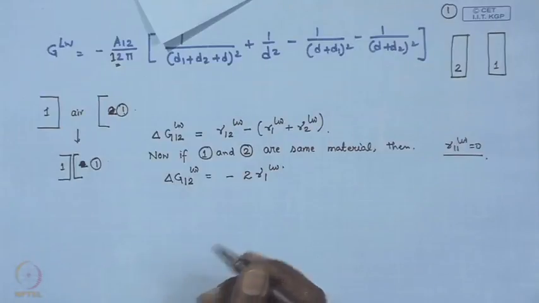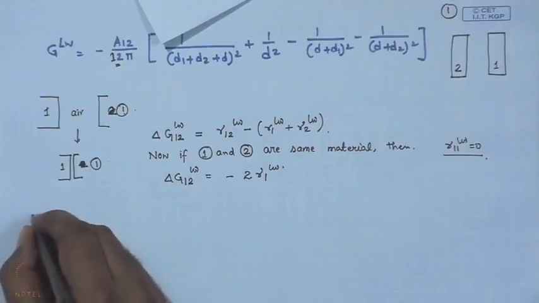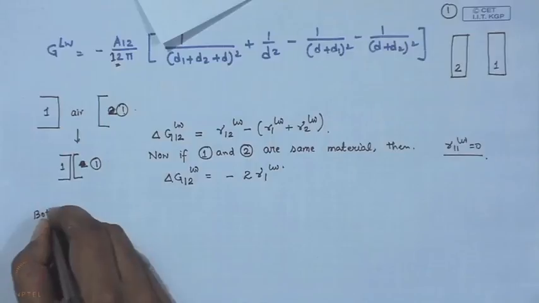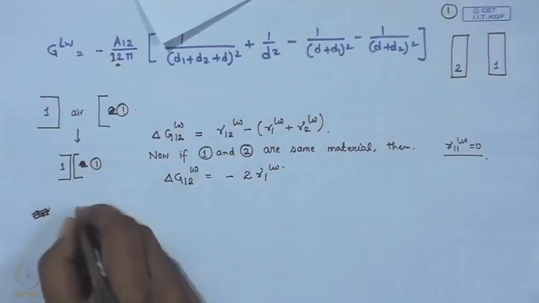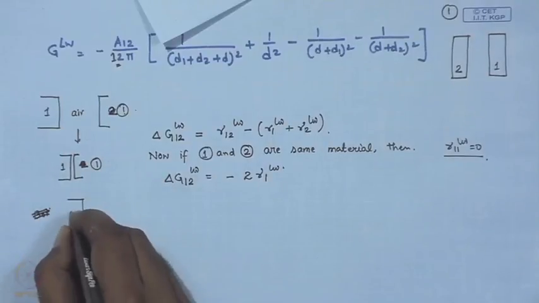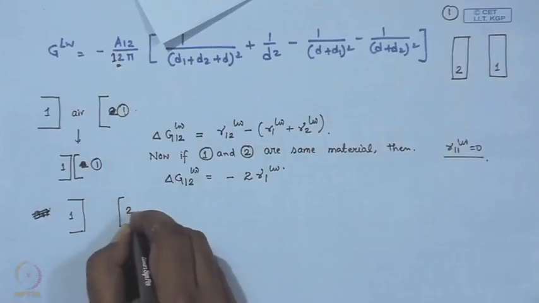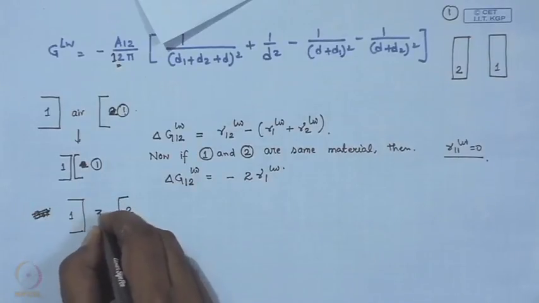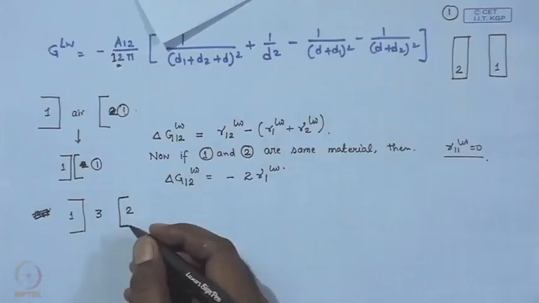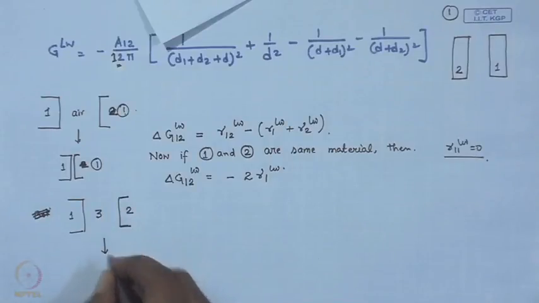Now, think of the other scenario. Let us think of a scenario where 1 and 2 are initially dispersed in a medium 3, and then they come in contact.